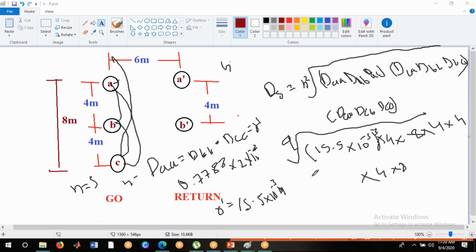Now find the DS value. So it adds 3 terms, so it is a cube, into 4 into 8 into 4 into 4 into 4 into 4 into 8. So you can apply the 9th root. Then find the DS value. 0.732 meters, right?